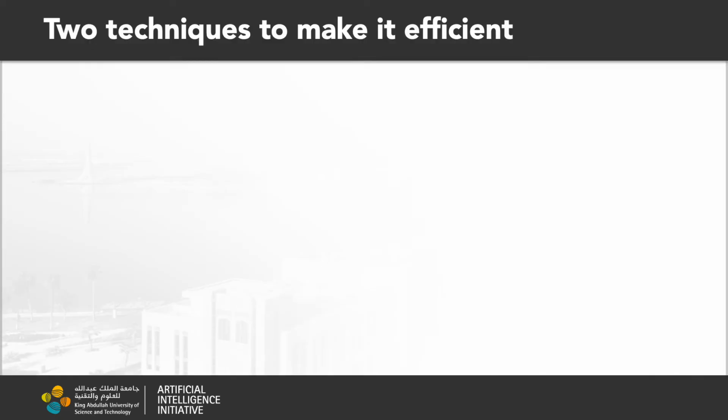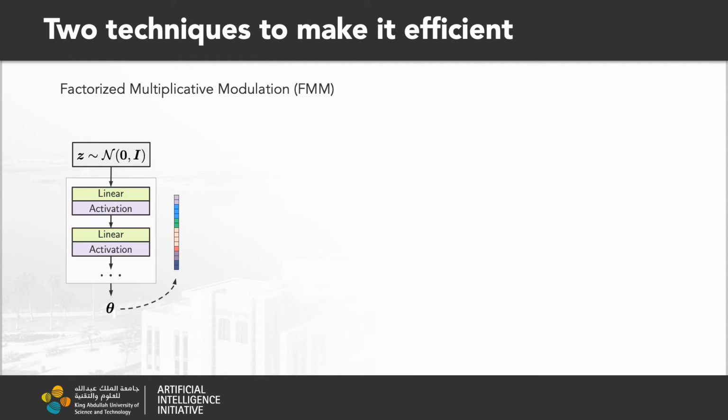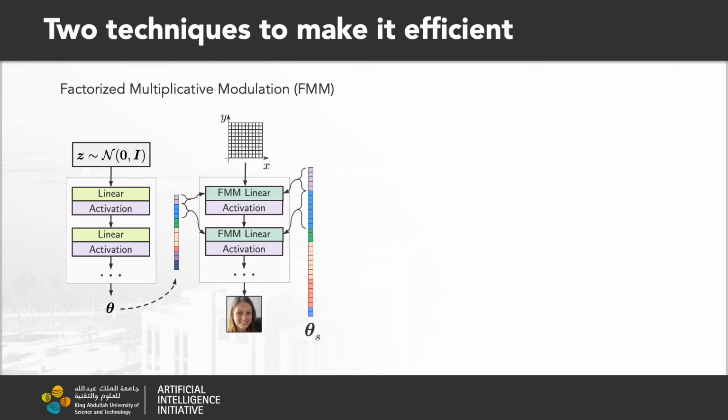To make the generation process more efficient, we developed two techniques. Factorized multiplicative modulation splits the parameter vector of an INR into the variable part produced by the generator and the shared part, which is common across all INRs, and they are combined in specifically designed FMM linear layers.